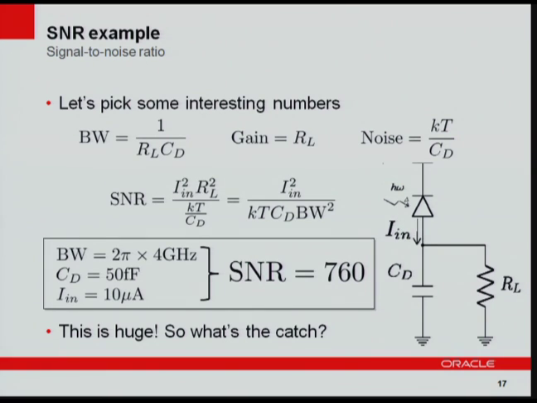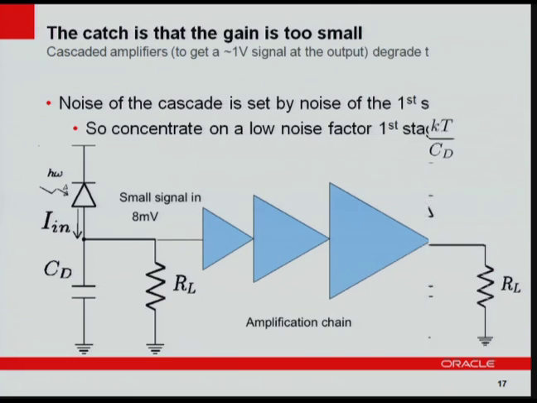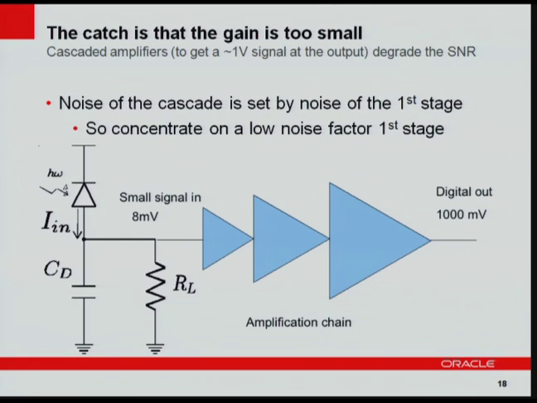So what's the catch? The catch here is that the small signal from the previous example for that current corresponds to an 8 millivolt signal. And you really want, at the end of the day, something closer to a volt. In order to do that, you have to go through some stages of amplification. And these stages of amplification will introduce noise and thus degrade your SNR.